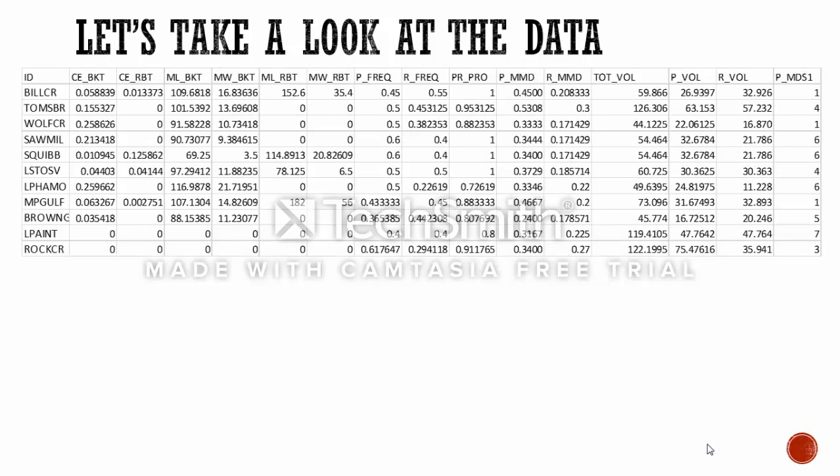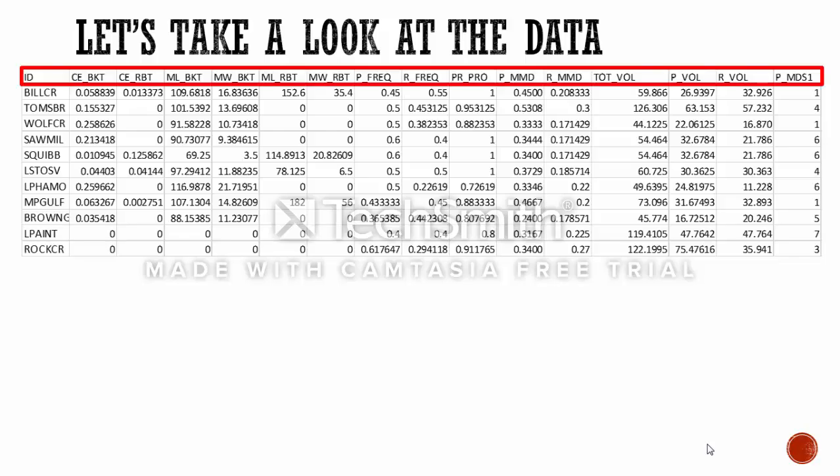So let's take a look at the brook trout data. Here is just an Excel spreadsheet I brought in with the data that I'm going to be using, or at least half of it right now. So we'll look at this first row. We've got stream name, catch effort of brook trout, catch effort of rainbow trout, mean length of brook trout, mean weight of brook trout, as well as the same measurements for rainbow trout.